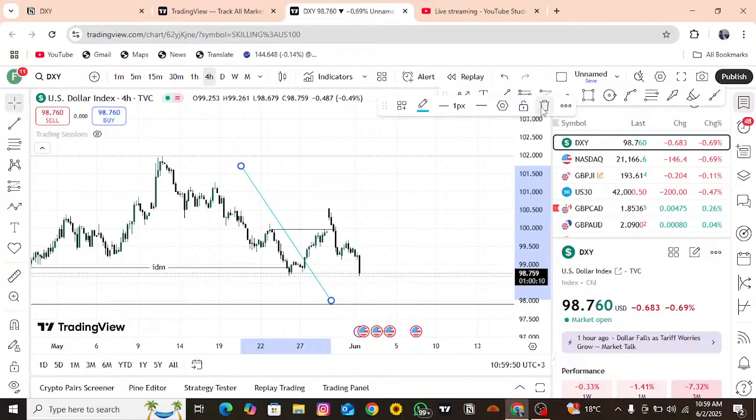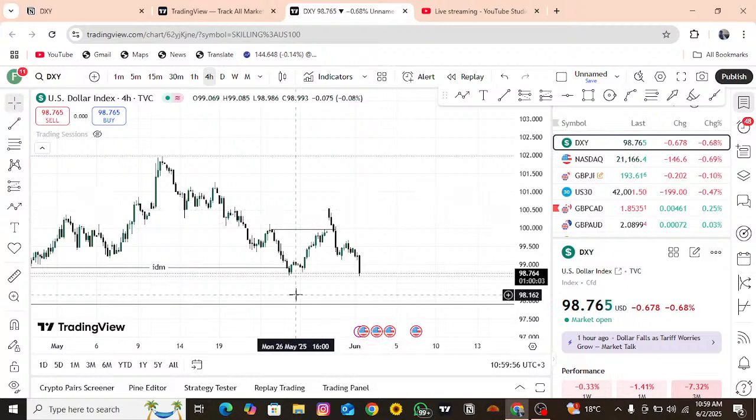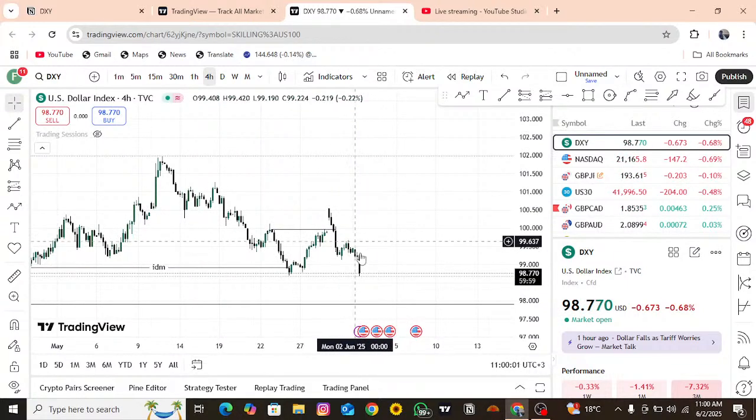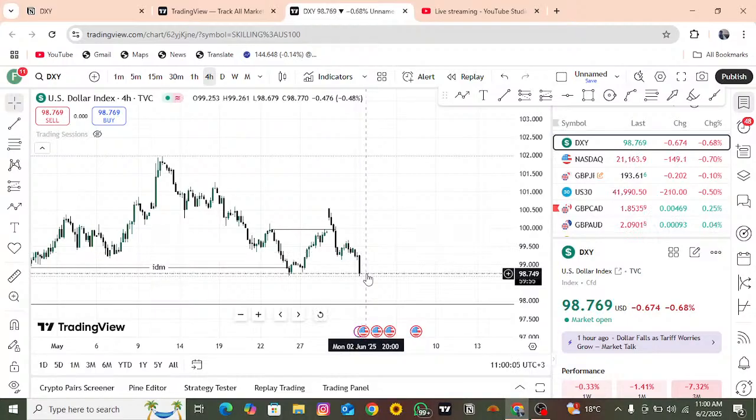So this DXY, I think I said a week ago that after collecting this one, we might see DXY coming down, and DXY is a measure of USD strength.